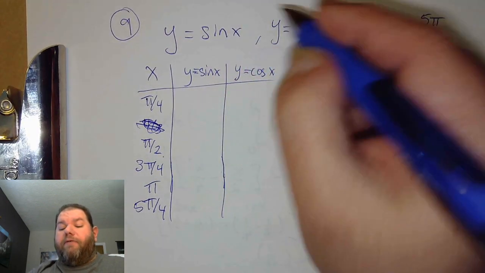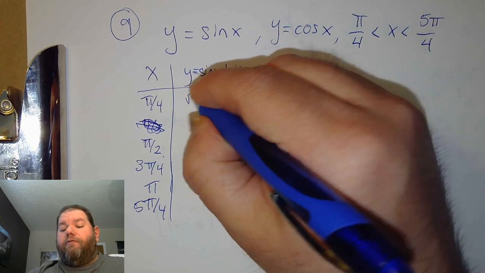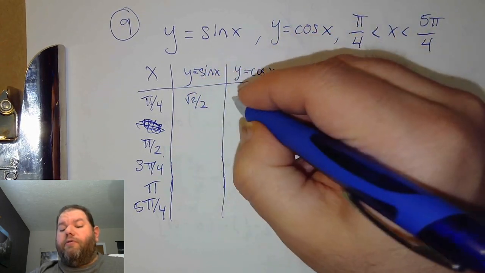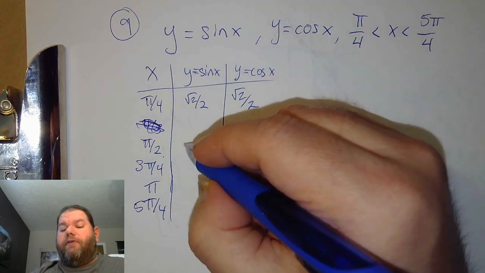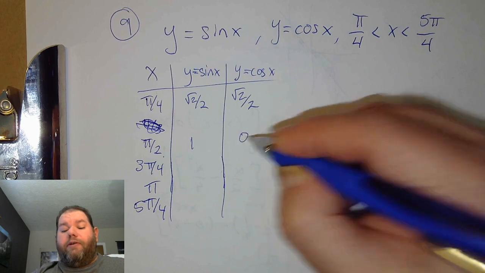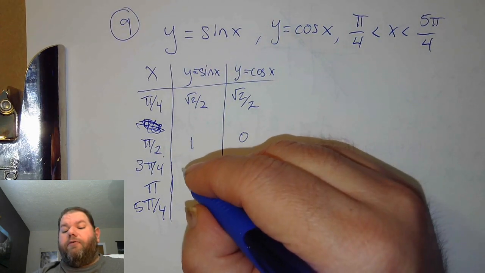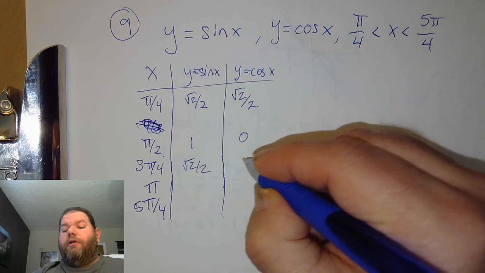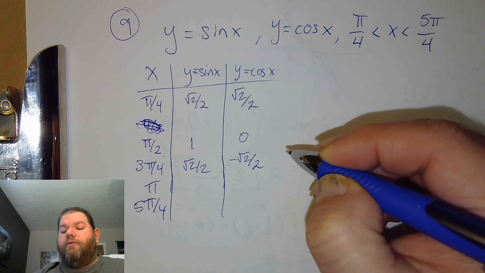So we plug in pi over 4. We know sine of pi over 4 and cosine of pi over 4 are both root 2 over 2. At pi over 2, sine of pi over 2 is 1, while cosine is 0. At 3 pi over 4, sine of 3 pi over 4 is root 2 over 2, and cosine is negative root 2 over 2.